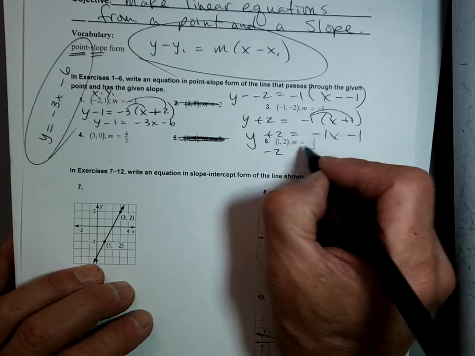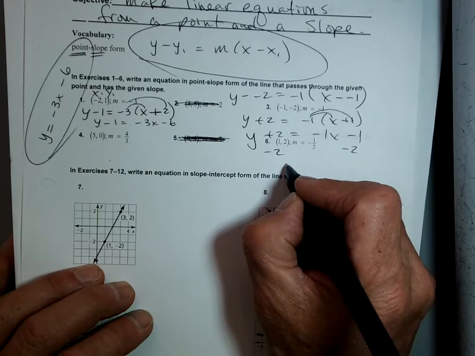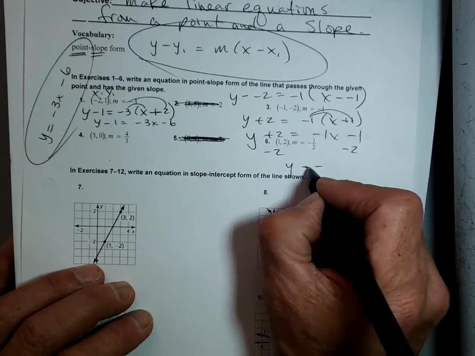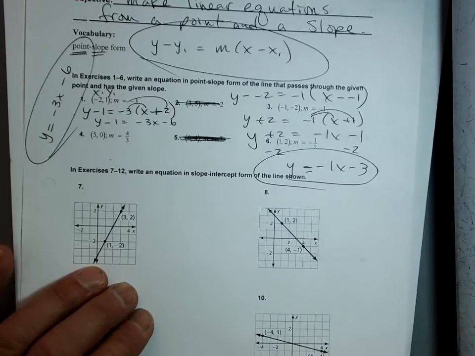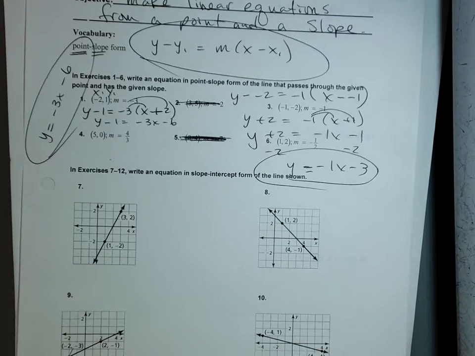I'm going to go minus 2, minus 2. I'll have y equals negative 1x minus 3, okay? And I think that's all I'll do, just those two, because I'm running out of room, and that's all you need is just two examples. You guys agree? Two examples enough?